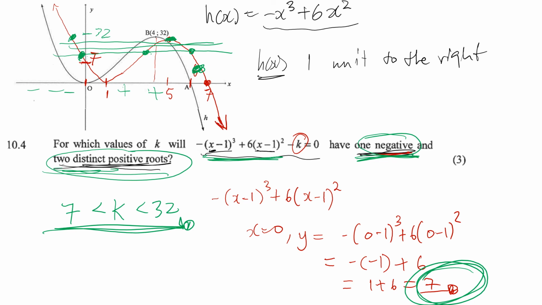Sometimes they can say all three distinct roots that are positive. Then you just check your interval, draw your line where you are getting that, and give them the interval. Very, very important. That's basically how you solve this.